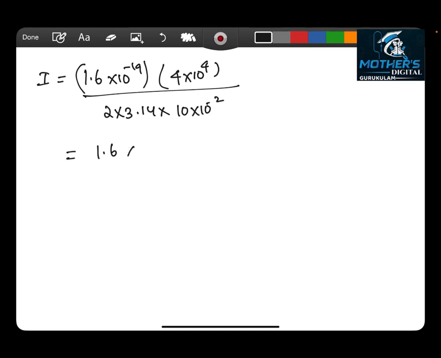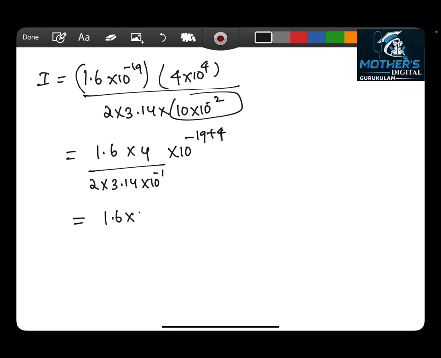Segregating numbers: 1.6 into 4 into 10 power minus 19 plus 4, divided by 2 into 3.14, into 10 power minus 1. Rearranging, 1.6 into 4 divided by 2 into 3.14, 10 power minus 15 plus 1.